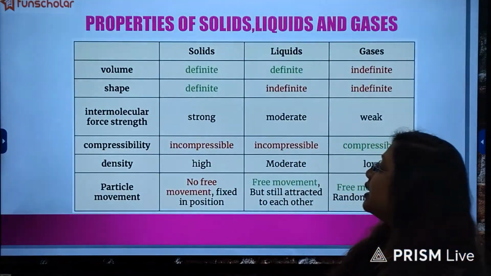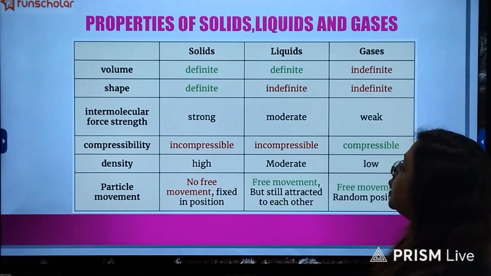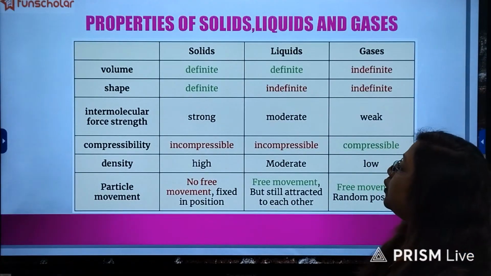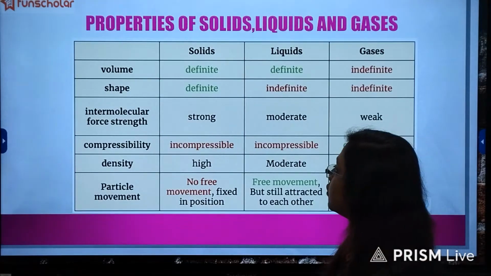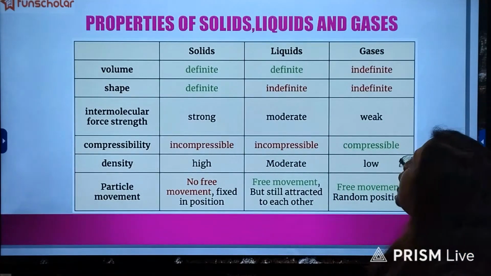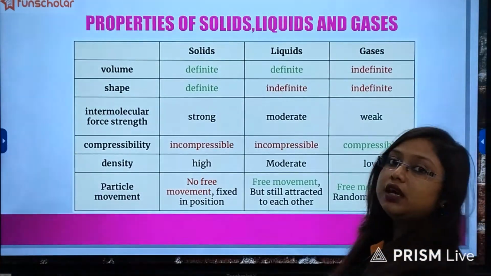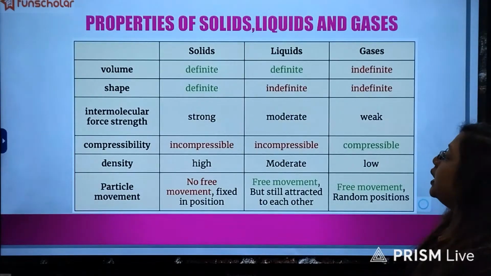Okay. And next is intermolecular force strength. We have already discussed about it in detail. So this is kind of a summary, and we already know that the solid have strong intermolecular force strength, whereas liquid have moderate, but gases have very weak intermolecular strength. Next is compressibility.